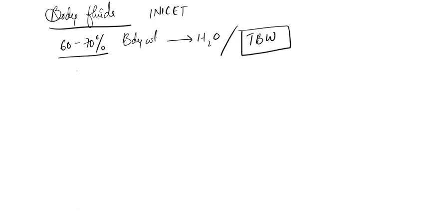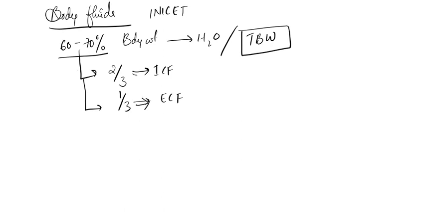Now in this, 2/3 is ICF, meaning intracellular fluid, and 1/3 is ECF, meaning extracellular fluid, right? 2/3 is ICF, 1/3 is ECF. Guys, listen to this very carefully, okay? Don't make any mistake.